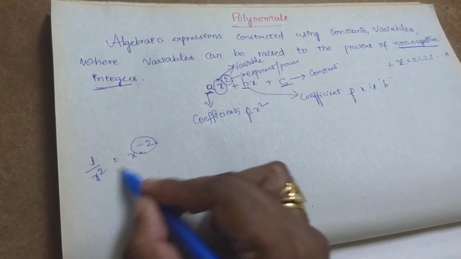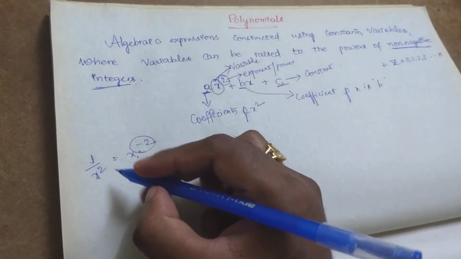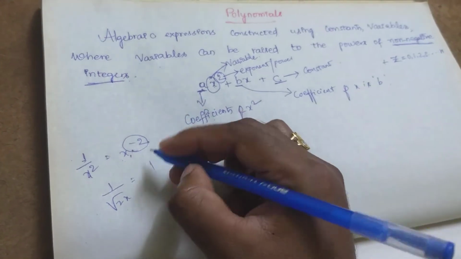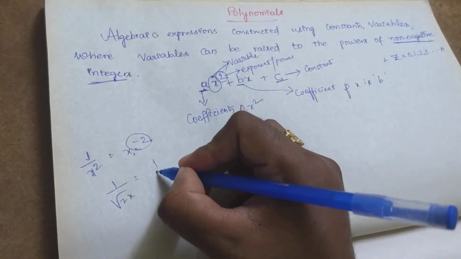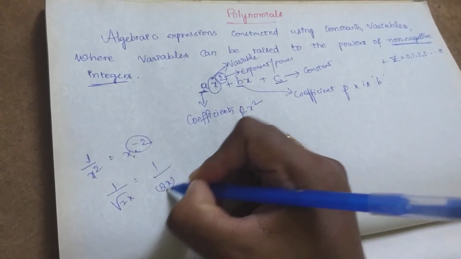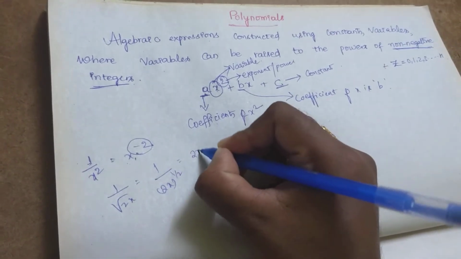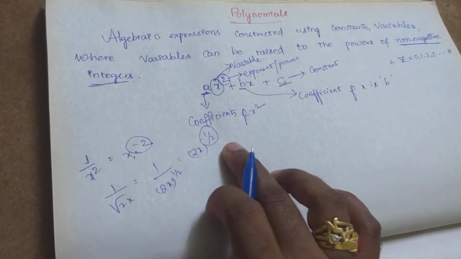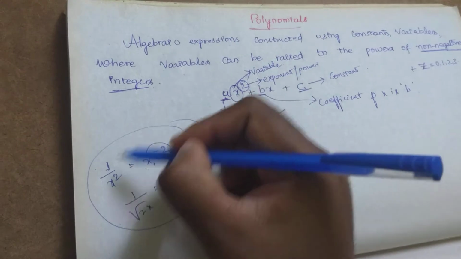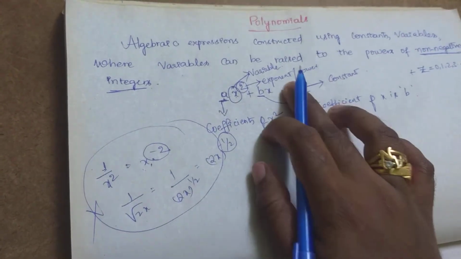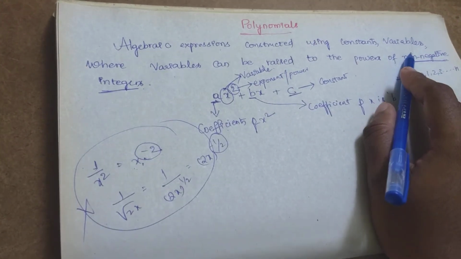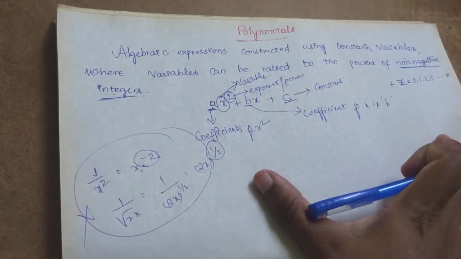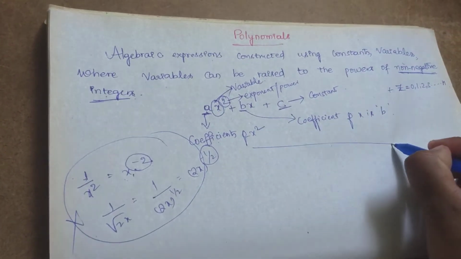Here in the case of 1 by x square or 1 by square root of 2x, it can be written as 2x power minus 1 by 2. Here again the powers are negative. So in these cases these are not called polynomials. Polynomials will always be expressed in powers of non-negative integers. So clear? This is the polynomial concept.